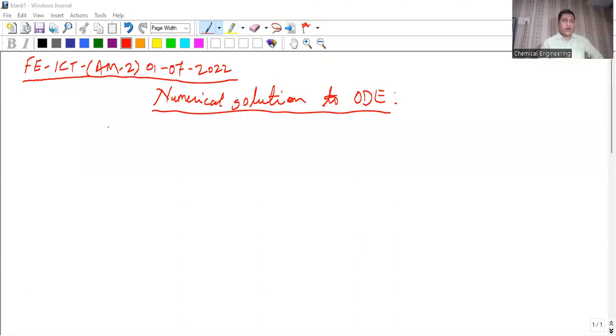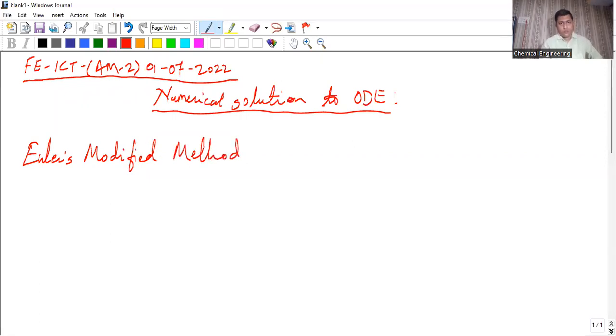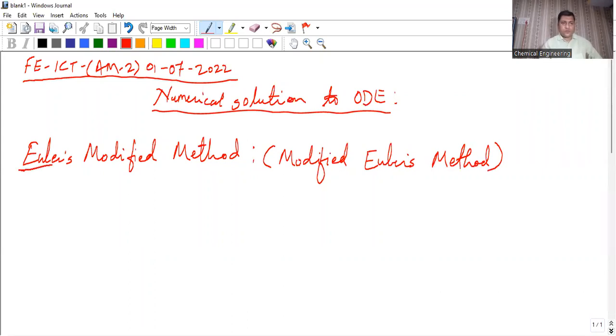Okay, so now we'll go with Euler's modified method. Some people also call this the modified Euler method. So what we have here is a formula.